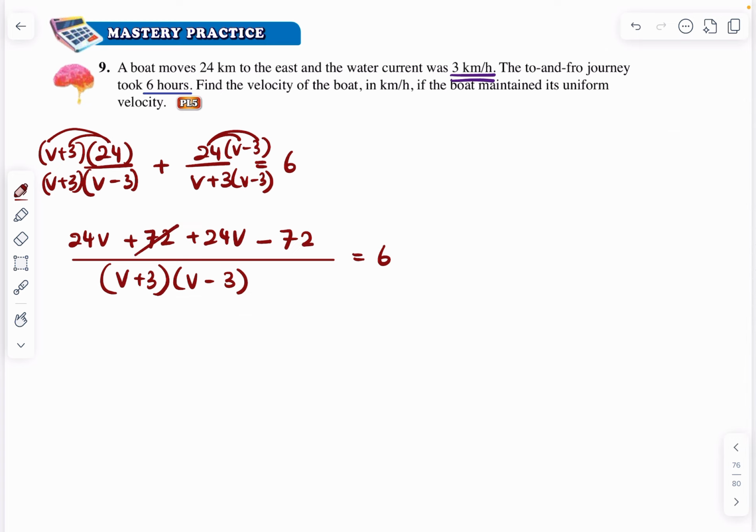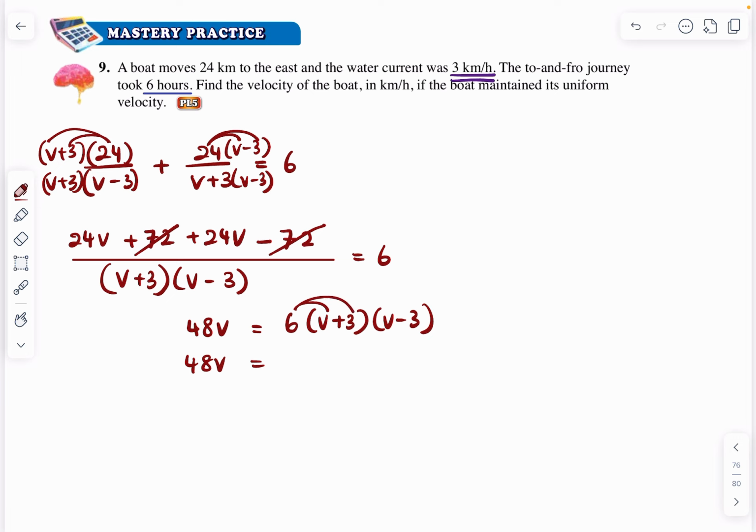The top one, 72 minus 72 goes missing. 24v plus 24v would be 48v, and then this denominator we bring over that side, so it becomes 6 times (v plus 3)(v minus 3).